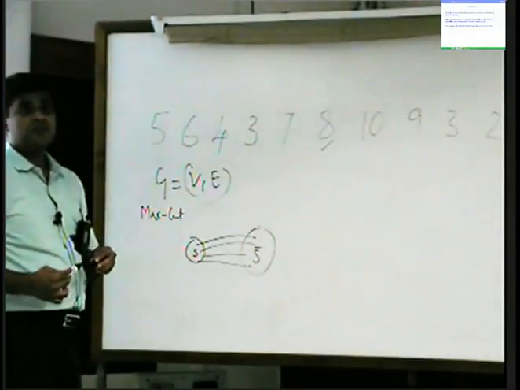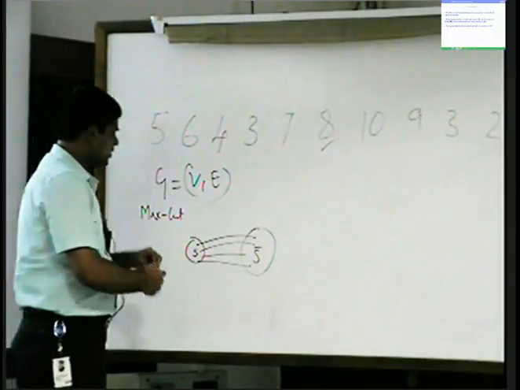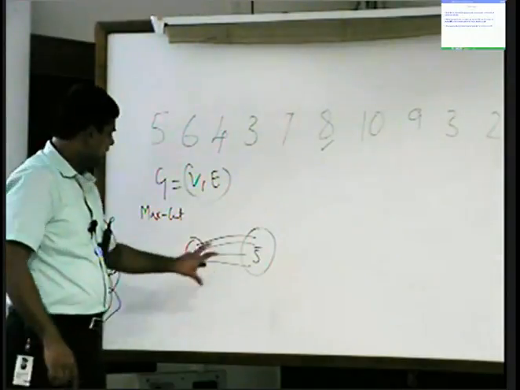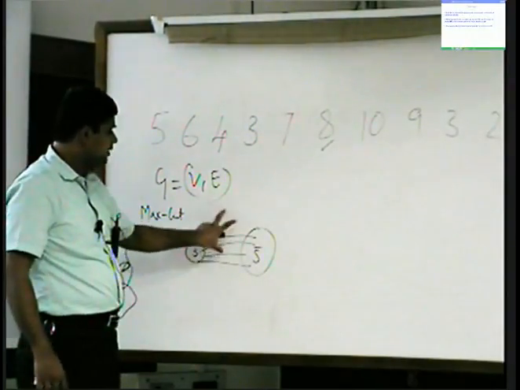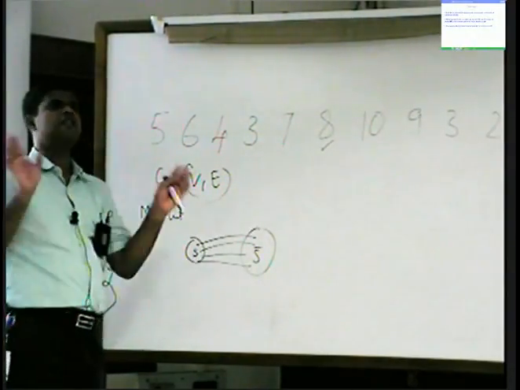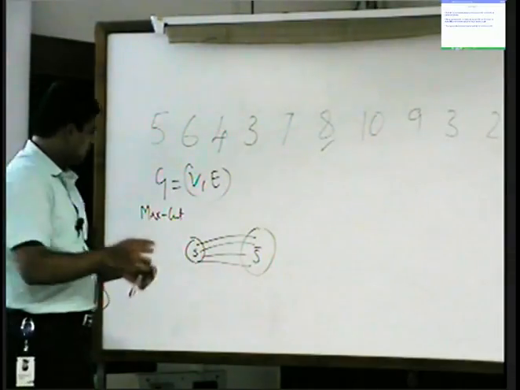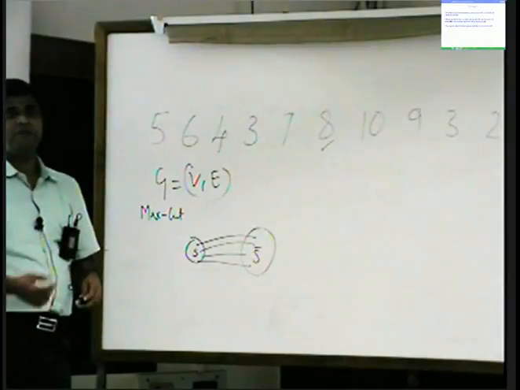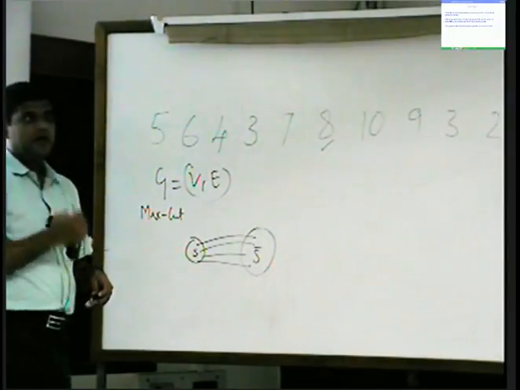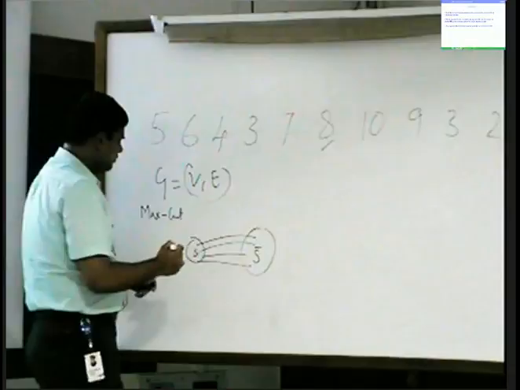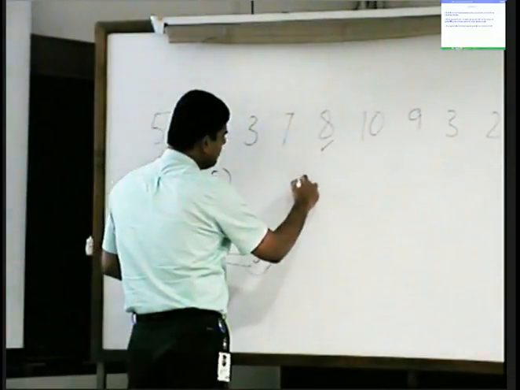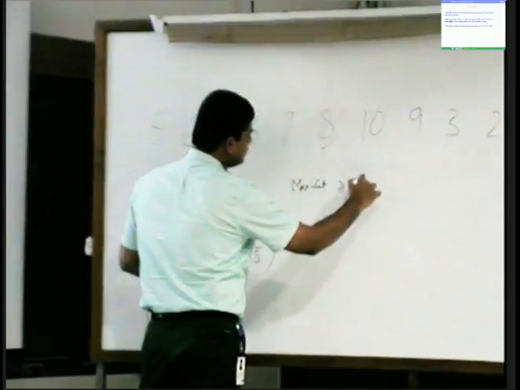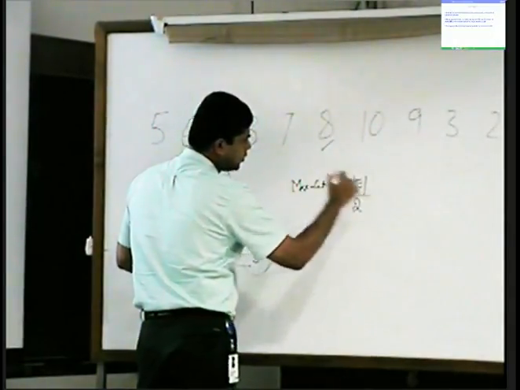What you want is for the number of edges going across to be as large as possible. The S which gives you this is called a max cut. So one property of this is that max cut is greater than or equal to the number of edges divided by 2.